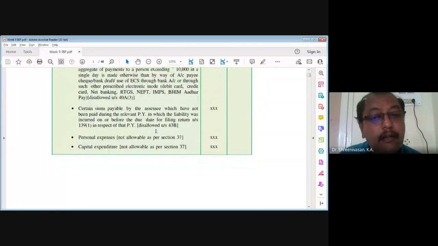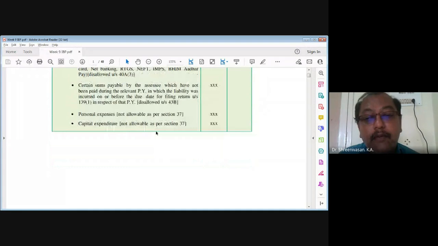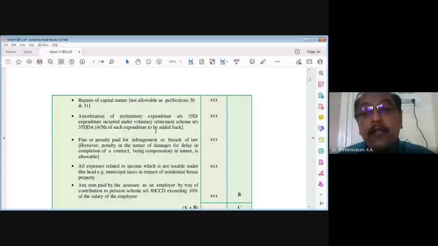Then the personal expenses, all personal expenses not related to the business, are not allowed to be deducted from the business. And then capital expenditure is not allowed as per section 37 of the Income Tax Act. Then you have expenditure of a capital nature allowable as per sections 30 and 31.